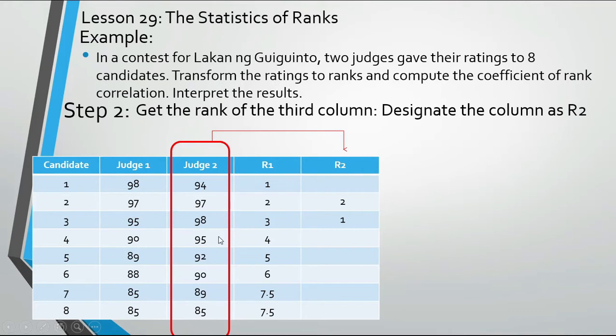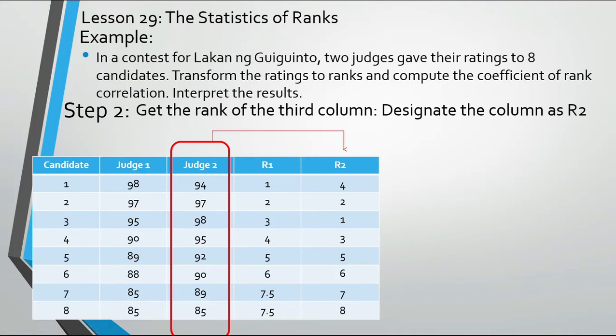Sumunod, 95. That is rank 3. Next, 94, rank 4. Next, 92. That is rank 5. 90, rank 6. 89, rank 7. Then 85, rank 8. Ayan. So, meron na tayong R1 saka R2.